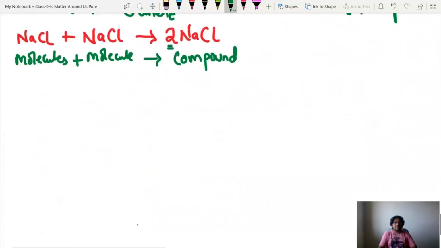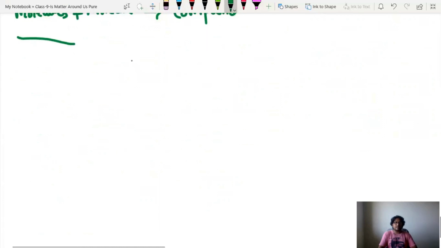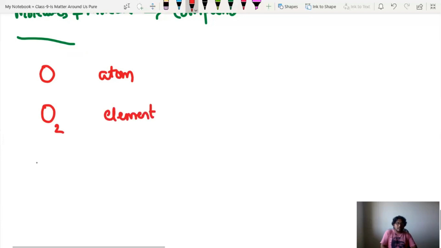Now let us again see a few examples for atom, element, compound, etc. Now if you write O, this is, yeah, an atom. If I write O2, now this is an element because of 2 oxygens. Now if I write 2O2, this is, yes, not a molecule, it is a compound.